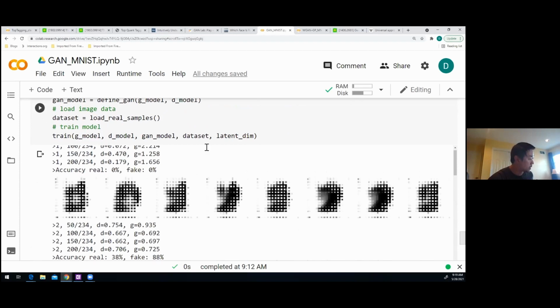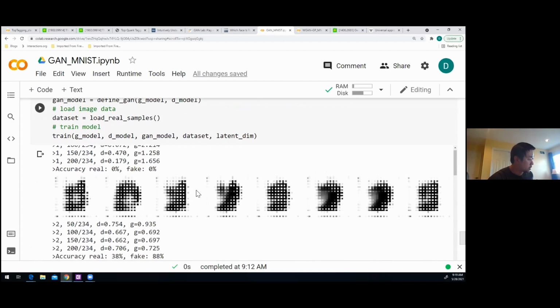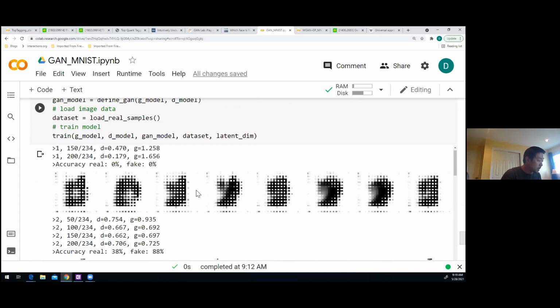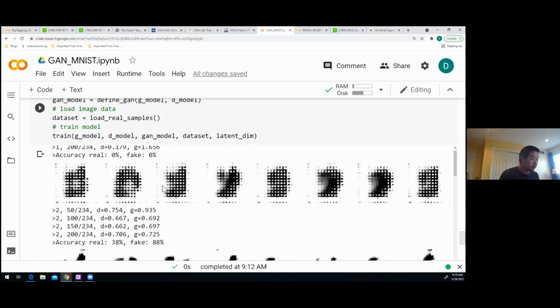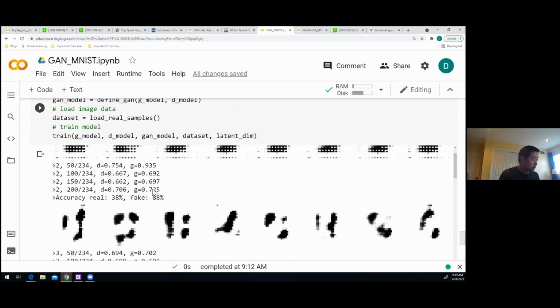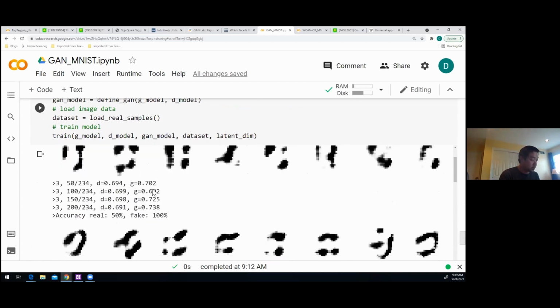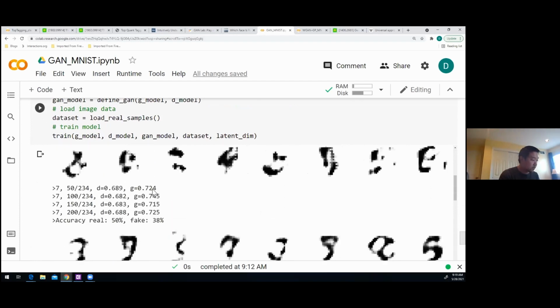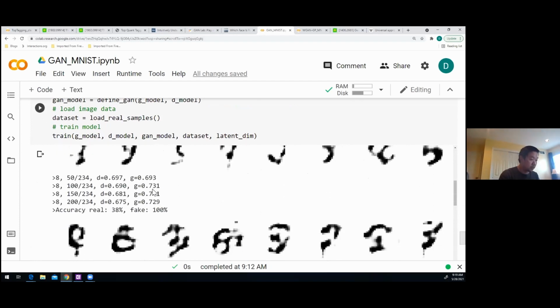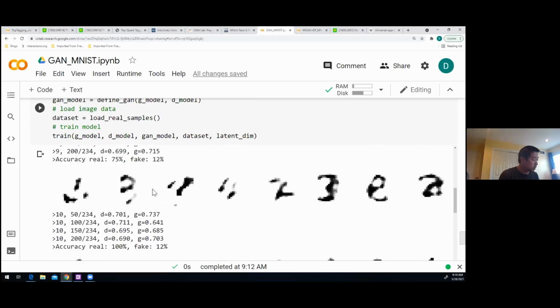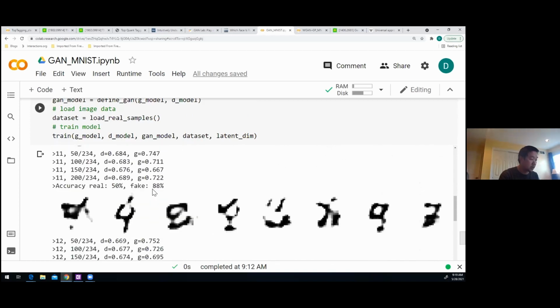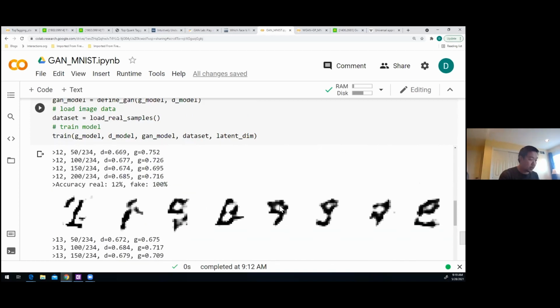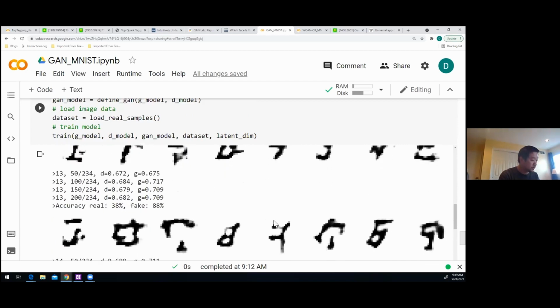All right, so let's see how this thing trains. After every epoch, just 8 random images are being shown. So you can see after just 2 epochs, after however many epochs, it's starting to take shape, right? This is the generator after it's been trained for 9, 10 epochs, and maybe some numbers are starting to emerge, right?